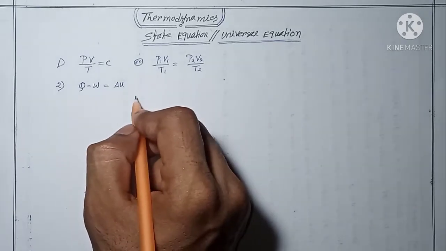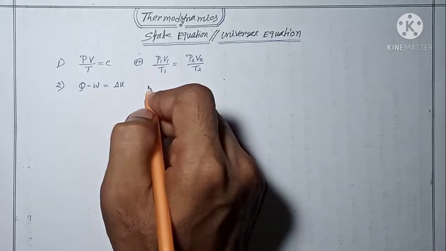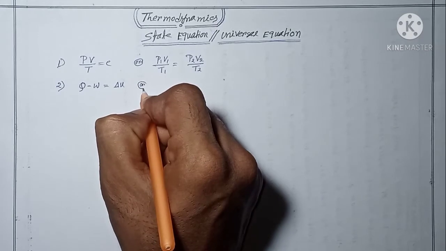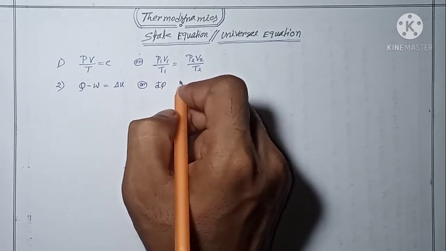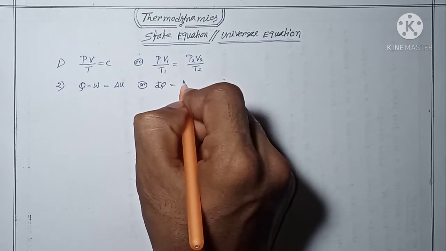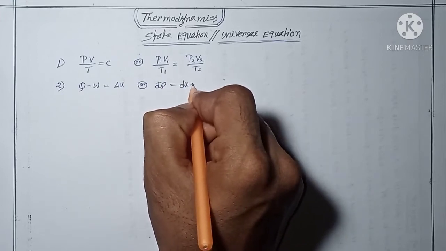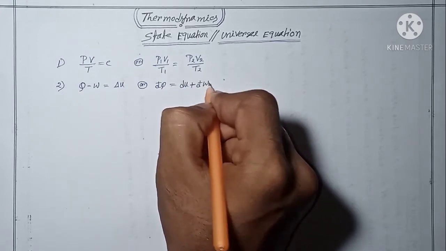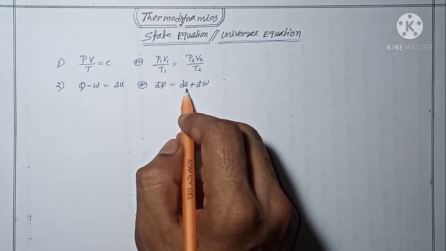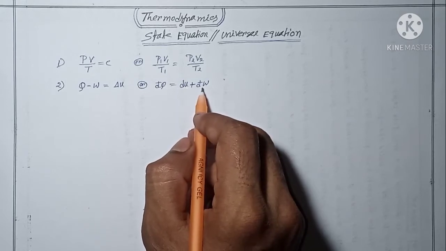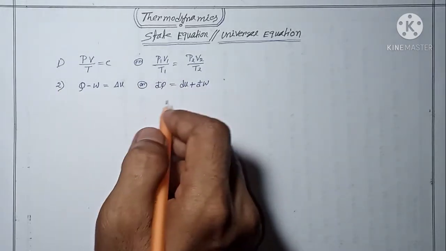You can also write this as dQ is equal to dU plus dW, where these indicate the change in heat energy, change in internal energy, and change in work energy. This is equation number 2.